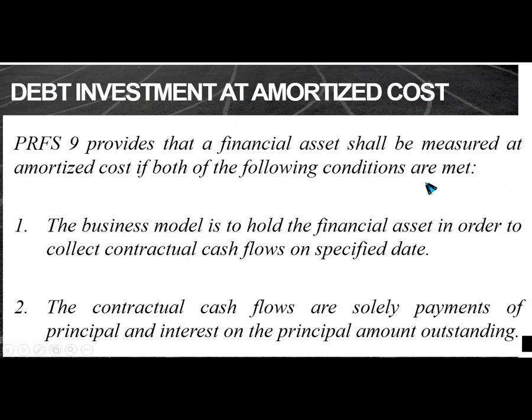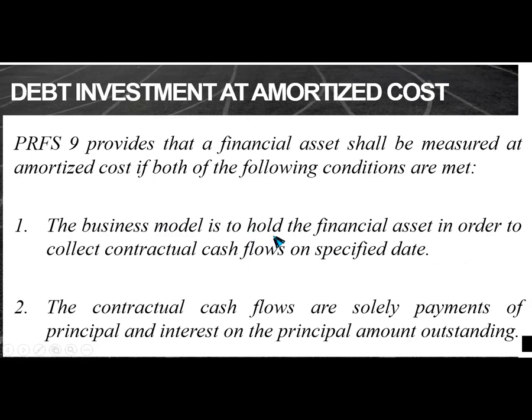So what are the conditions that must be met for us to measure it at amortized cost? First, that the business model is to hold the financial asset in order to collect contractual cash flows on specified dates. So it talks about the business model. This is what you really do: for example, you bought bonds, an investment in bonds.